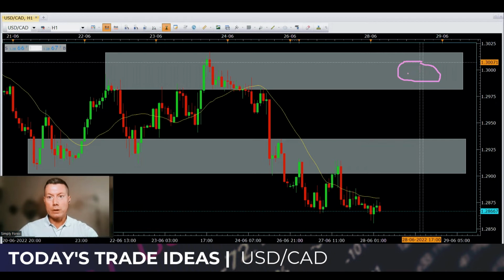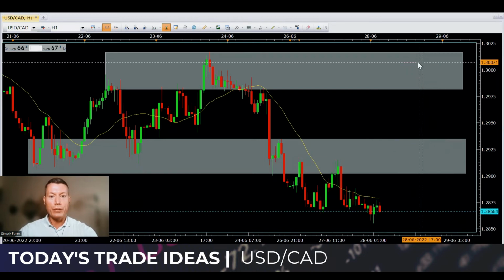So price could come back up all the way to this grey zone. Again, we're looking for a bearish candlestick pattern. We enter, and we'll get back out of this grey zone, these last highs. We'll close 80% of the trade, and then we'll leave 20% to run down to our higher time frame target. So, two possibilities there.